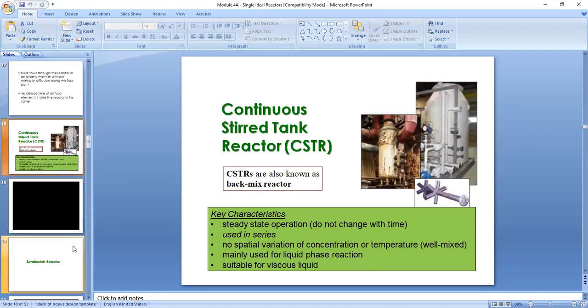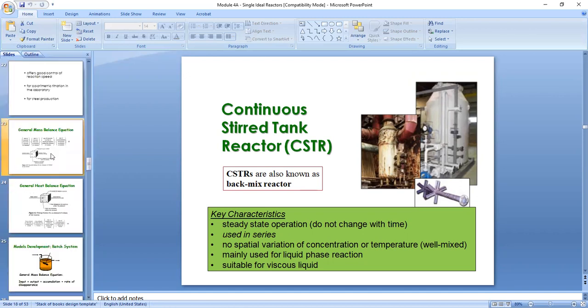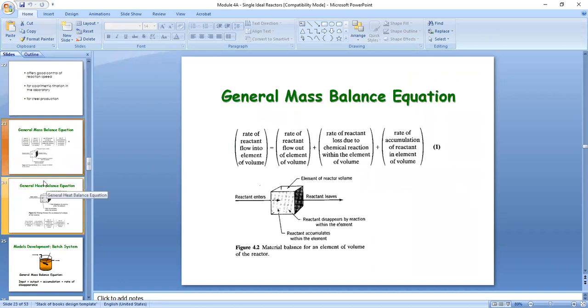Now, your continuous reactors can be operated in series or in batteries, whether of similar kind or a combination of these two continuous reactors. And we ended with the performance equations, and they are all anchored upon the mass balance equation.